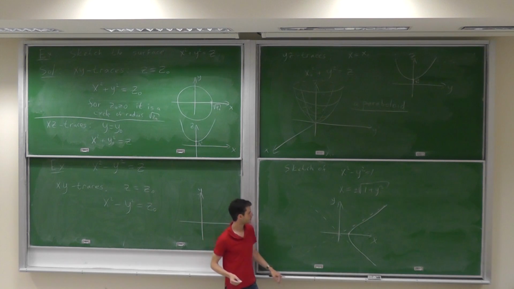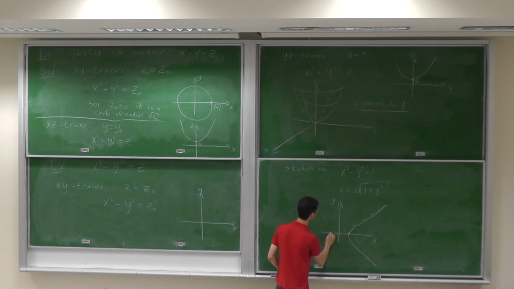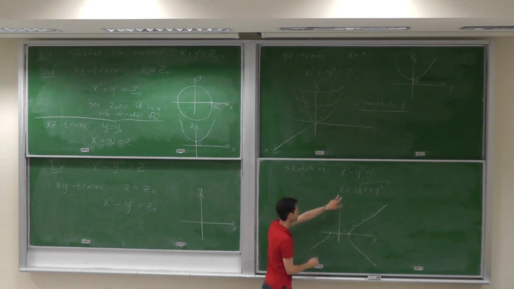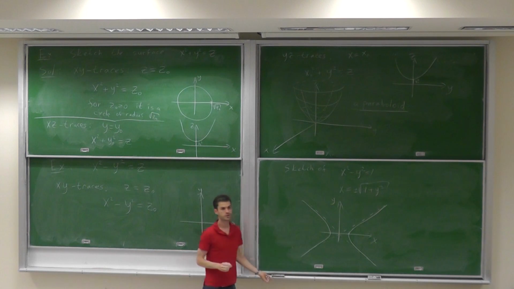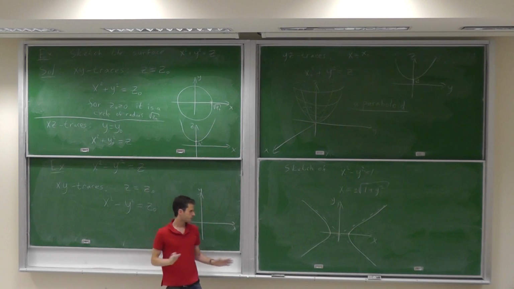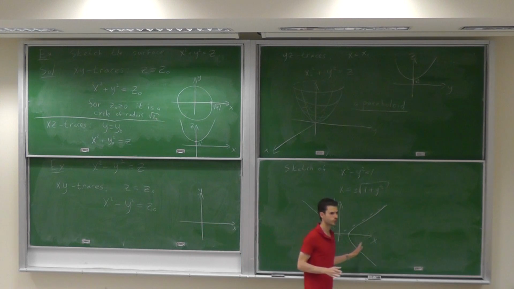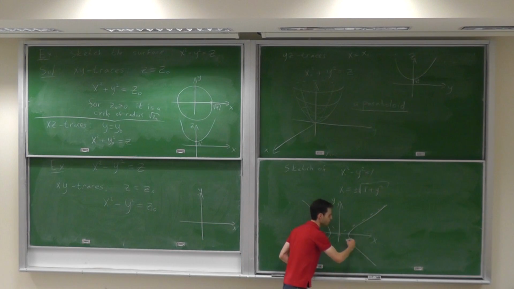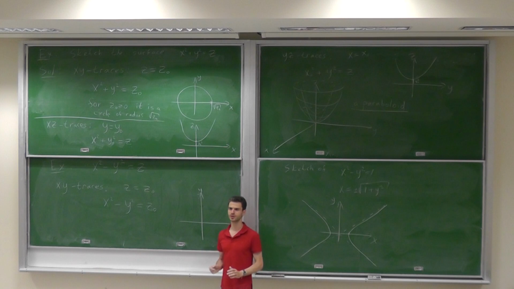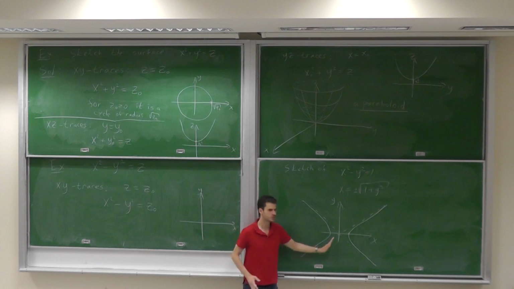And also x could be negative, so you get something like this. Admittedly, I didn't justify quite a lot of things. I didn't justify that there are no local maxima or local minima, but it is true. This shape looks like this.